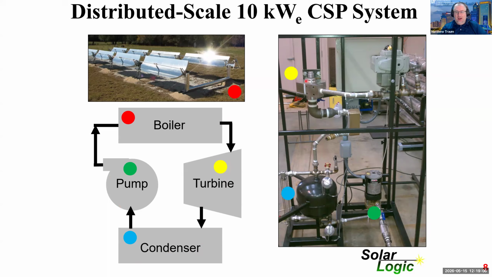So you can see here, here's the turbine, which by the way was a Tesla turbine. This is a big area of research for me, bladeless turbines. Here's the condenser, here's the pump. And then this thing was connected to these outside solar concentrators. That was the boiler, right? So those are the components.